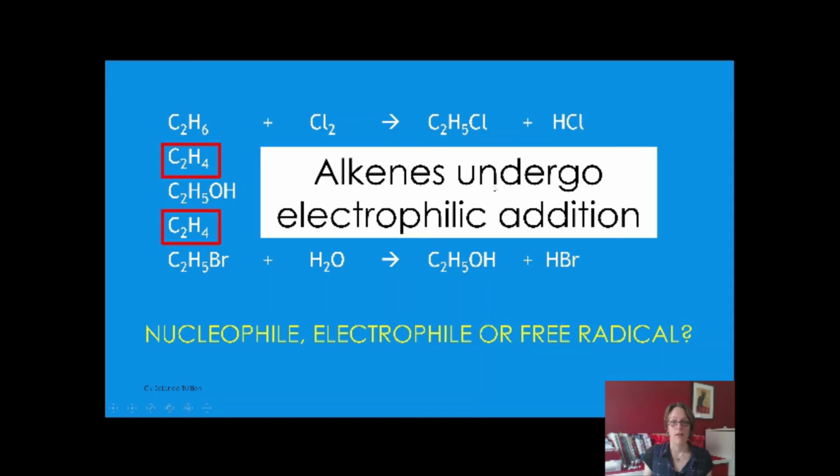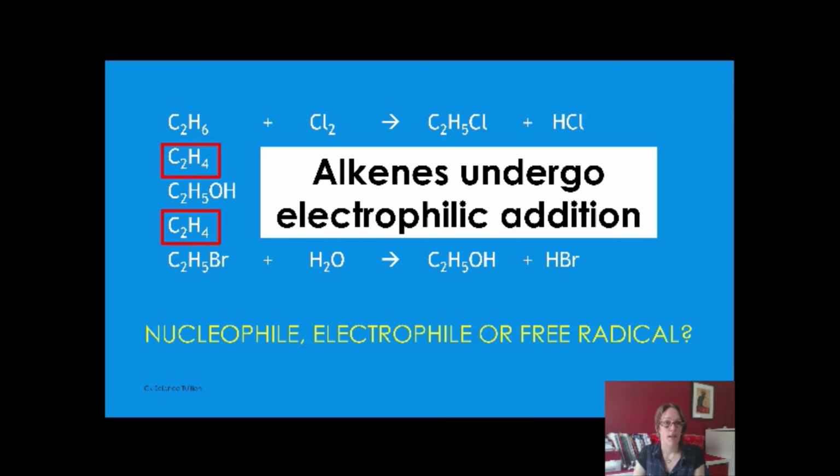Well, it turns out that alkenes undergo electrophilic addition, and that is the only type of addition that they undergo. And that is because they have got a high density of electrons in the carbon-carbon double bond, and that is what's going to attract whatever reacts with the alkene. So it does not matter whether it's HCl, H2O, Cl2, Br2, etc. It's always going to be an electrophilic mechanism.